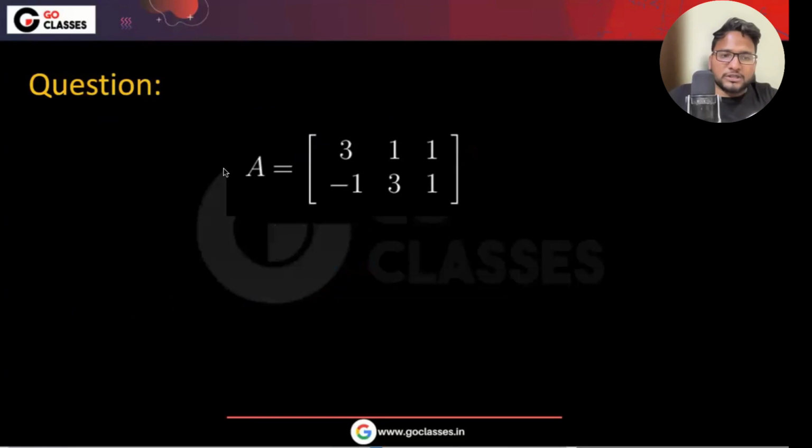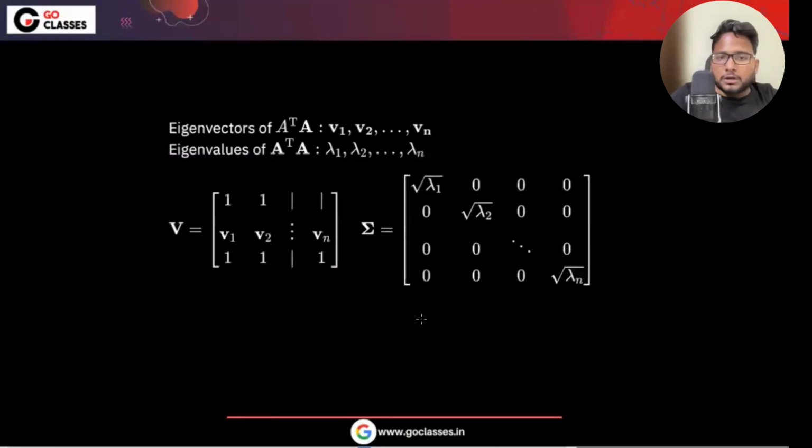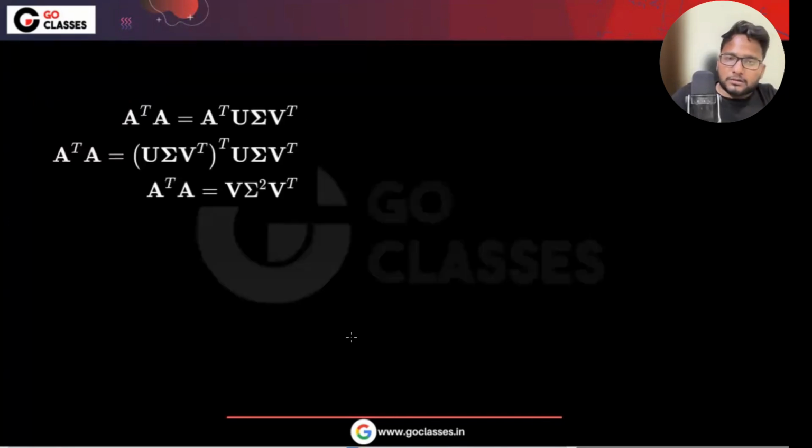Suppose we want to find out the singular value decomposition of this particular matrix. So Aditya is asking, is it the positive square root or the negative square root? Yeah, it is always the positive square root. So here you will be having this sigma square, right?